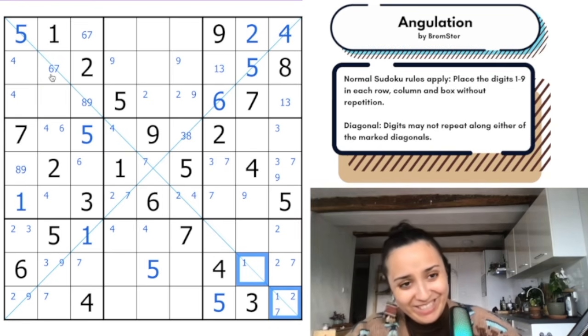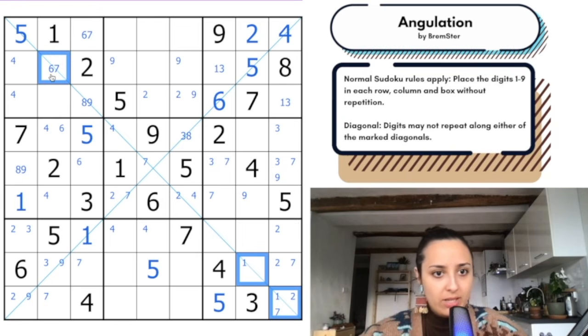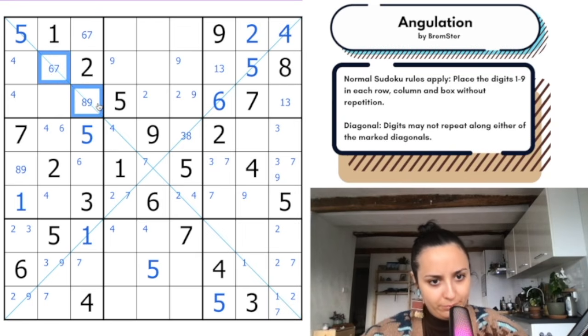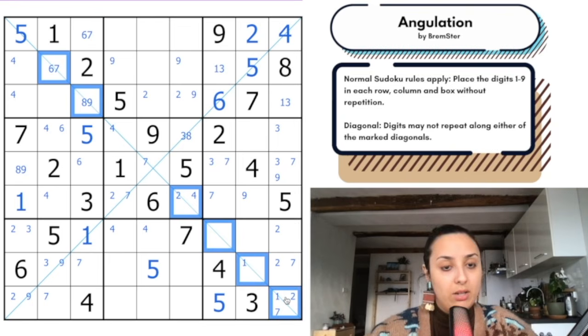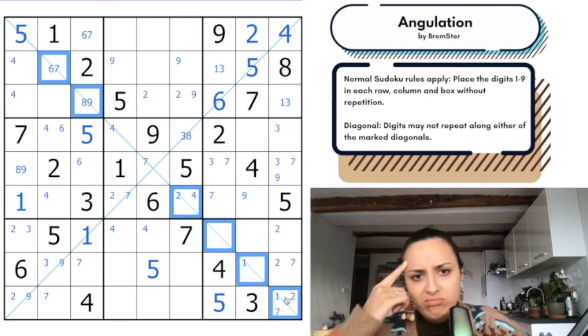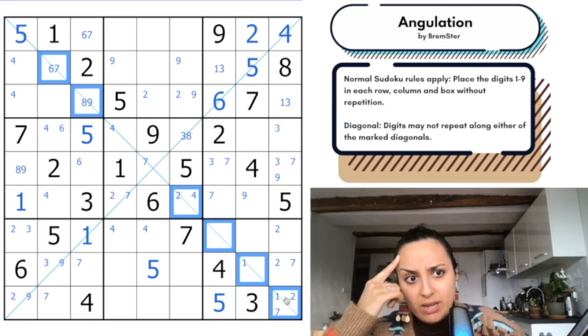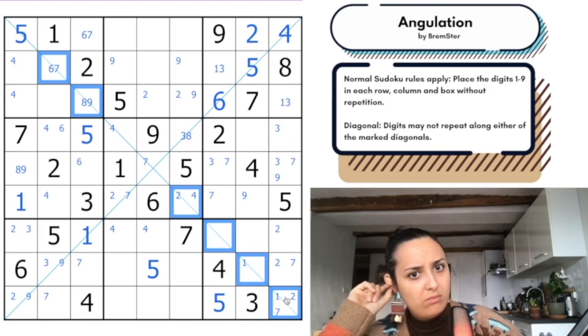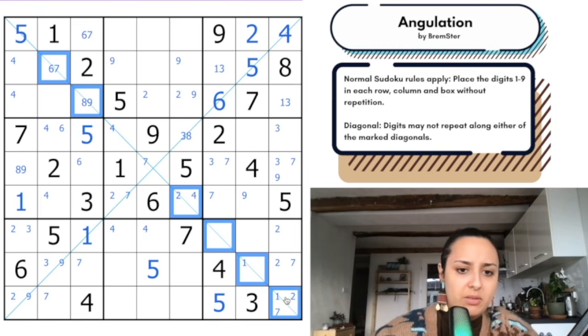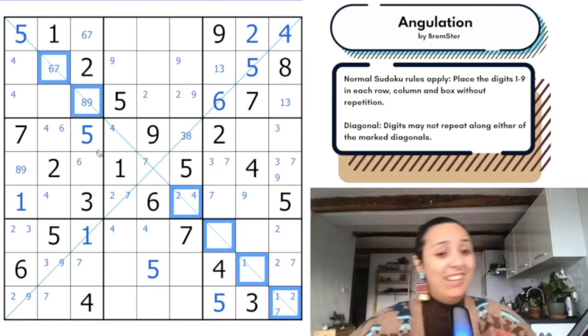The 3s. This is not a 3. This is not a 3. This is not a 3. Oh, yeah. Is that correct? Yeah. Huh, okay.